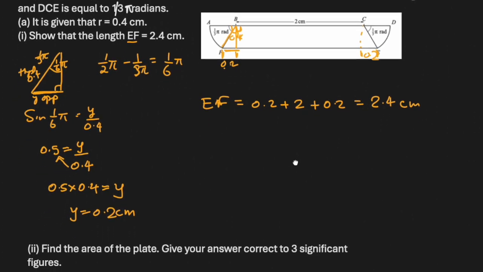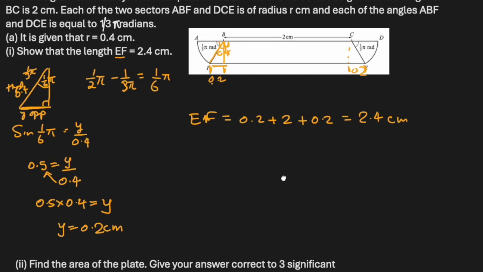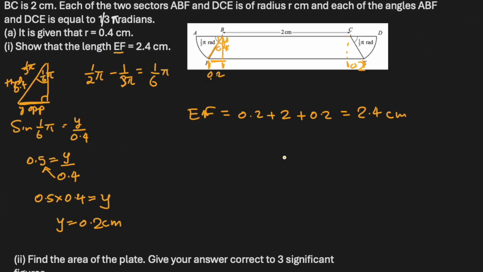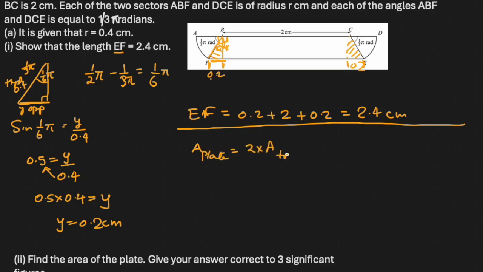The second part says find the area of the plate, giving your answer correct to 3 significant figures. So what will I do? I'll find the area of the triangle I just highlighted and double it. So the area of this particular plate will be equal to 2 times the area of the triangle, plus the area of the rectangle.